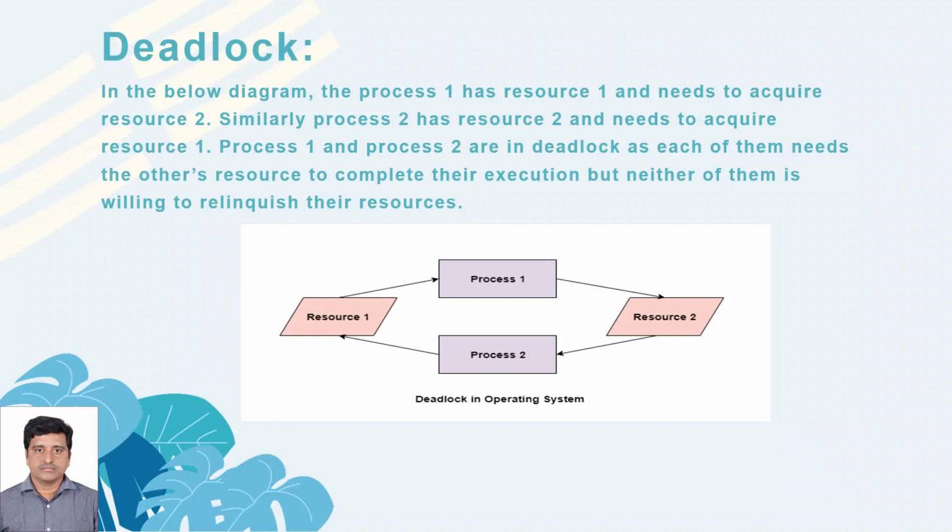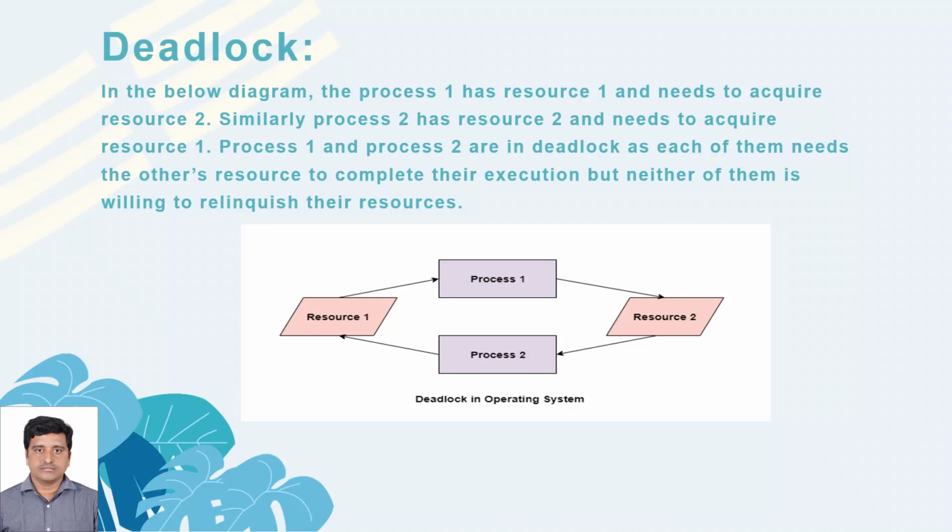But in this cycle, resource 2 is allotted to process 2, and process 2 requests resource 1. So each holds one resource and requests the other. Say, for example, process 1 holds resource 1, but process 2 requests resource 1. In the meantime, process 2 holds resource 2 and process 1 requests resource 2.